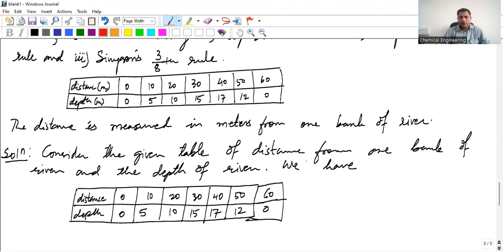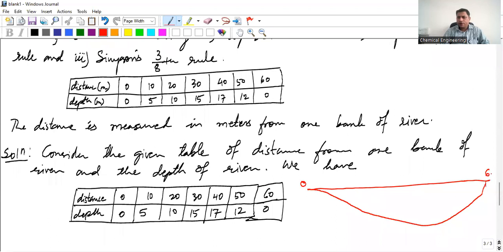So how will this look? This is the sea level, and from one bank we are starting. Here we have 0, here we have 60.